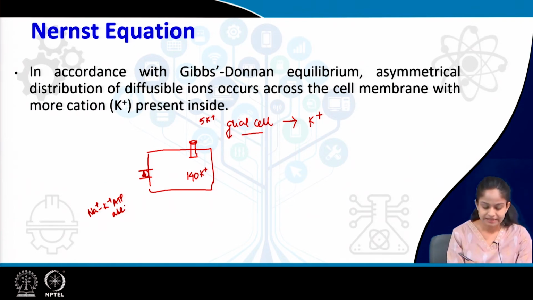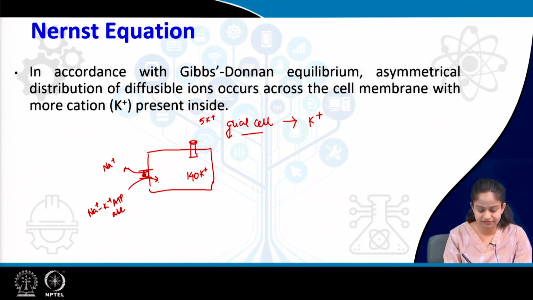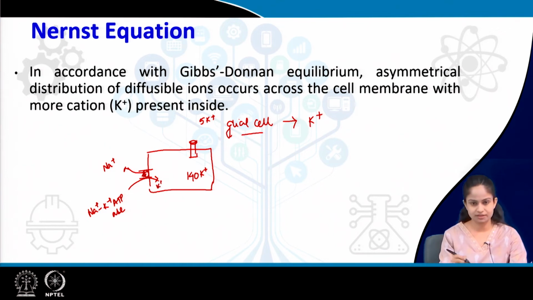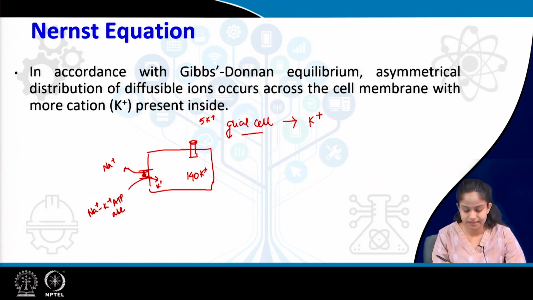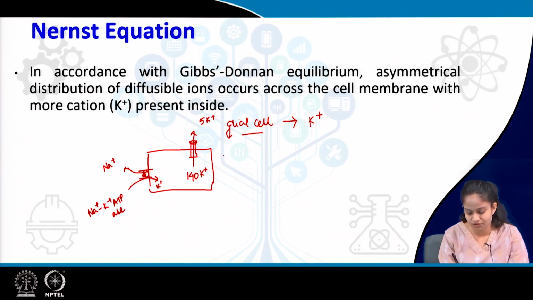What it does is it throws 3 sodium outside, and an influx of 2 potassium occurs. In this way the potassium concentration inside the cell is more compared to the extracellular fluid. So, what will this cell try to do? It will try to push potassium outside, from inside to outside, and this is mainly because of the chemical gradient.